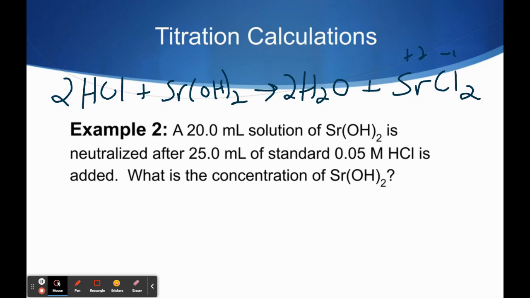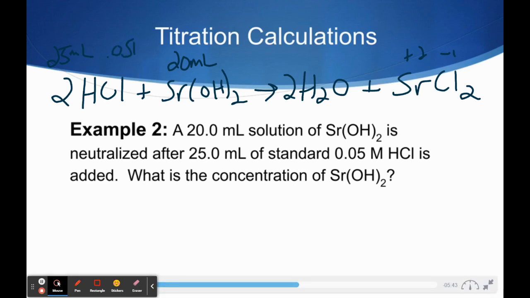So now we know we had 20 milliliters of our Sr(OH)2 solution, and we used 25 milliliters of the HCl to neutralize that with a concentration of 0.05. So we have our concentration and our volume of the HCl, so we're going to use that to solve for moles of HCl.